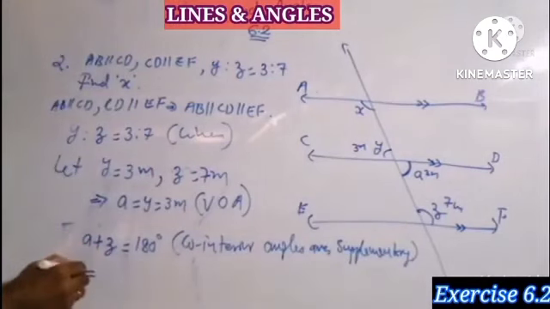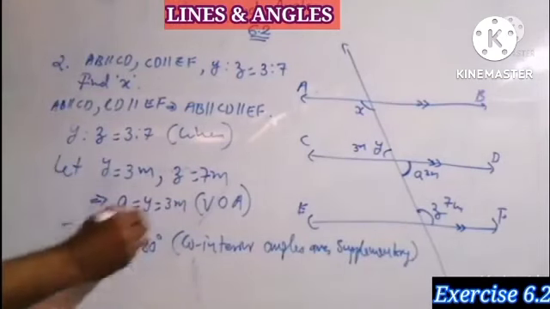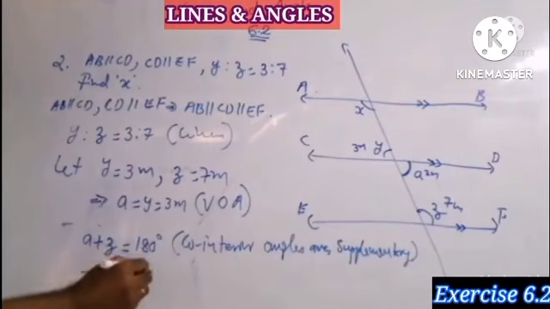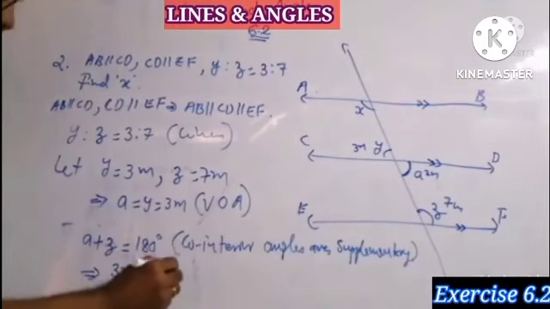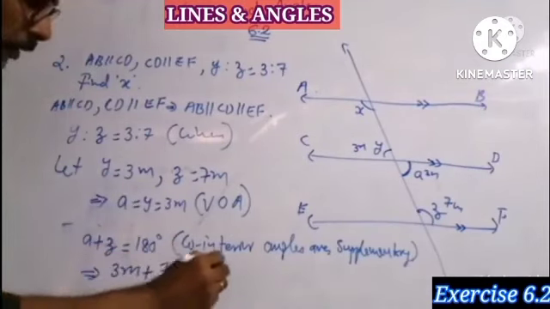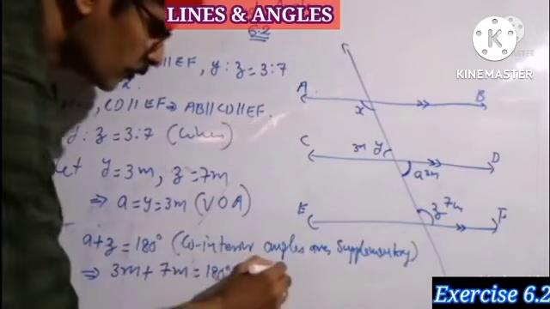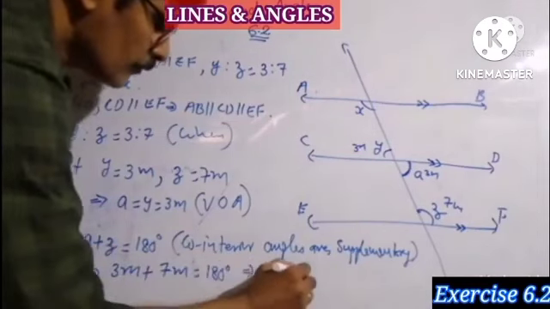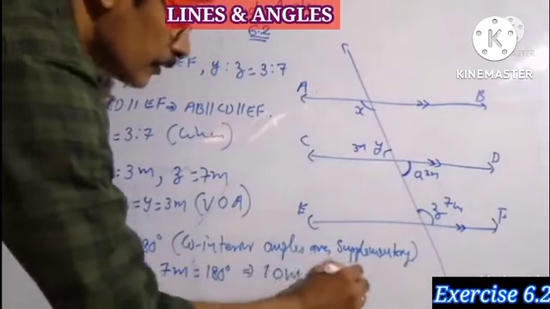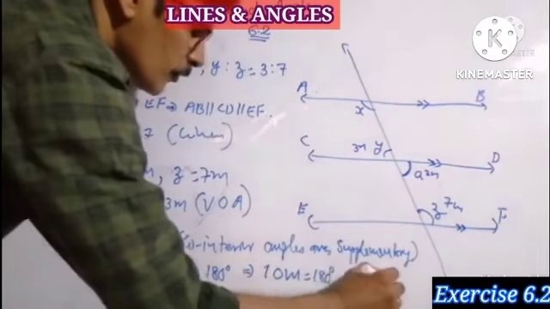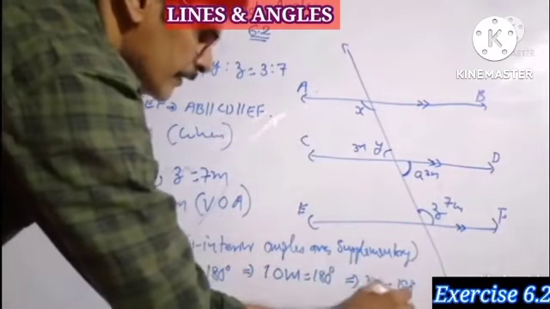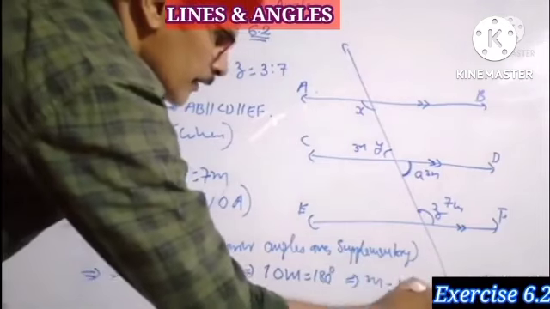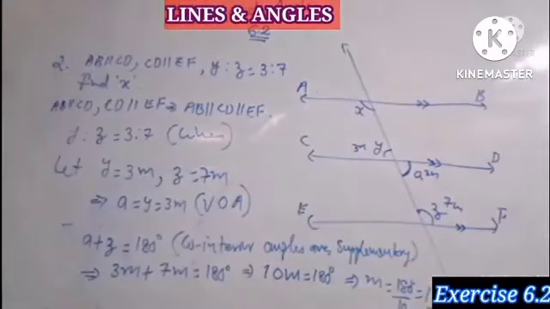So a plus z: a equals 3m, 3m plus z is 7m, equal to 180 degrees. That is 10m equals 180 degrees, which implies m equals 180 by 10 equals 18 degrees. Now we have m equal to 18 degrees.